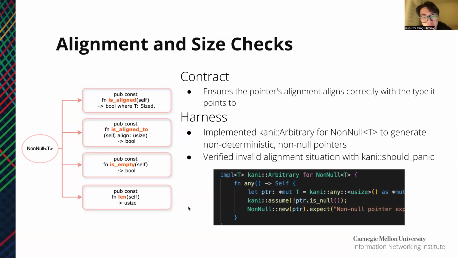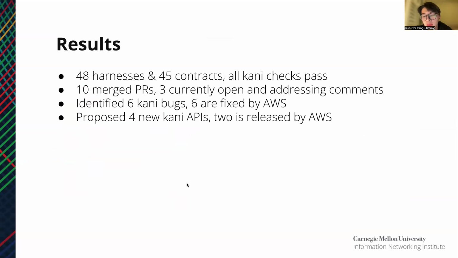We also verify invalid alignment situations using Kani should_panic to ensure that the system behaves as expected when misaligned pointers are encountered, effectively catching alignment-related issues. The code snippet on the slide demonstrates the implementation of Kani arbitrary to generate a non-null pointer and use assumptions to ensure the pointer is not null before using it.